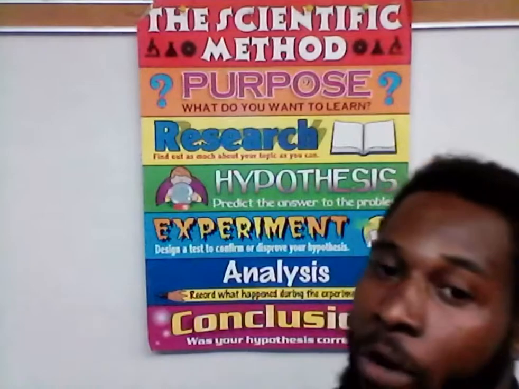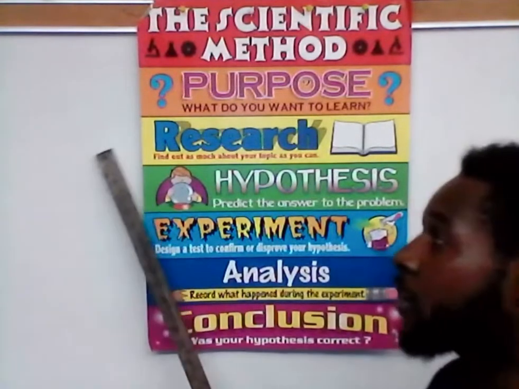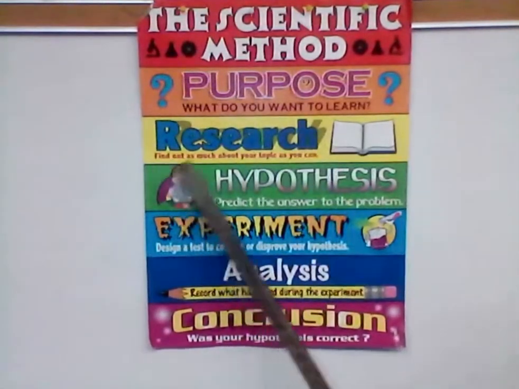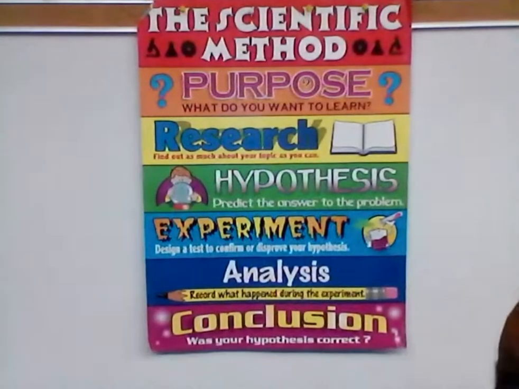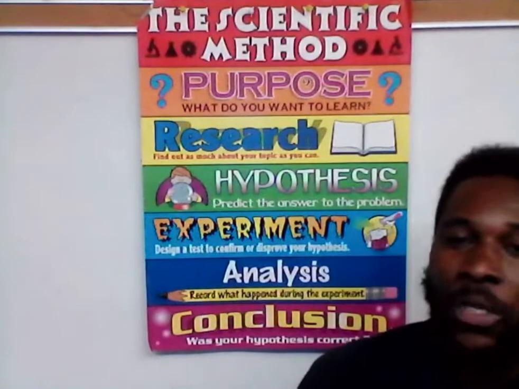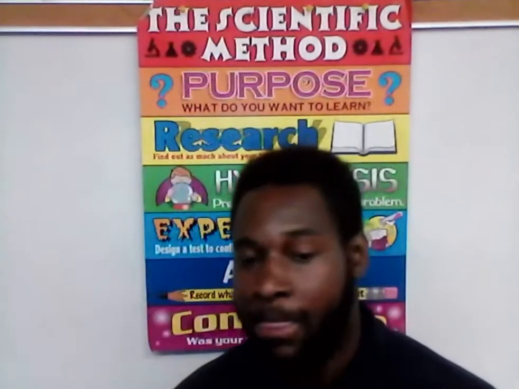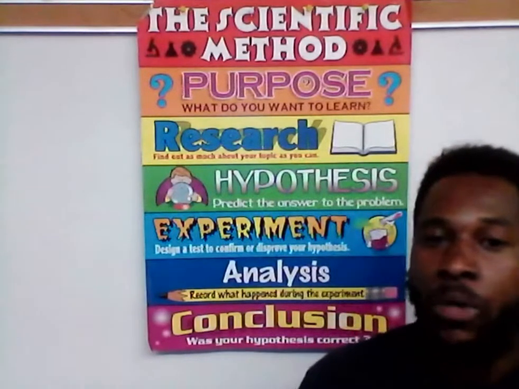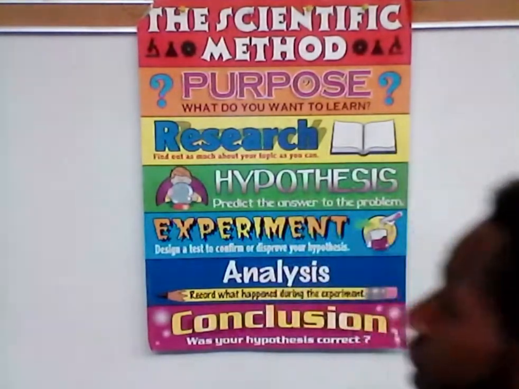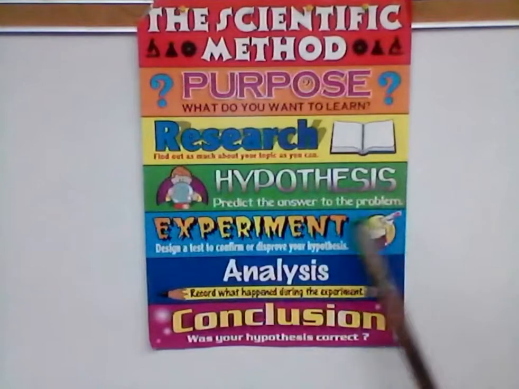And your 7th sense will be the combination of all of these things together in the form of what we call research. Find out as much as you can about your topic. So if you already have a lot of background information, then you can make assumptions or you can make statements with a purpose that goes beyond your typical 5 senses. And this is what we do when we are creating a hypothesis.